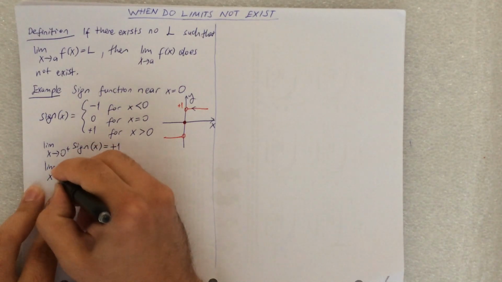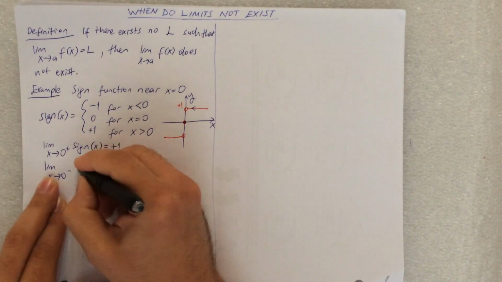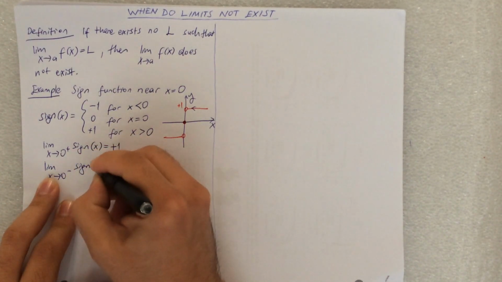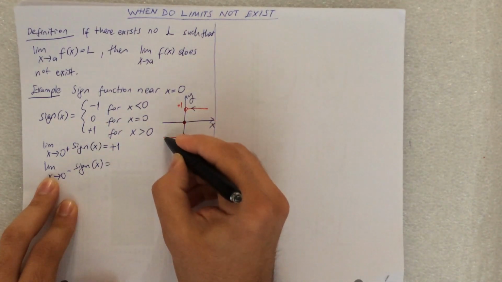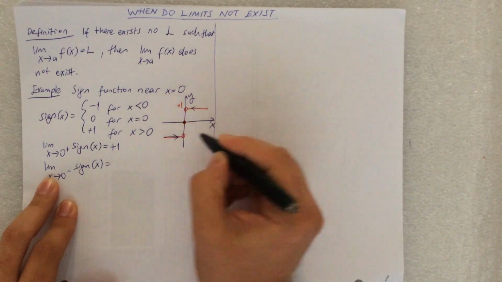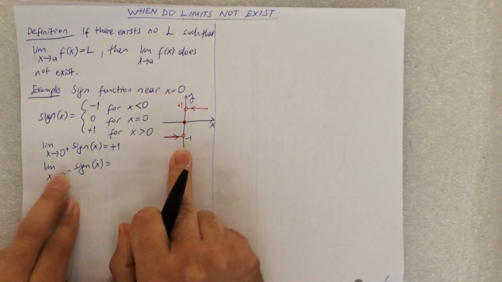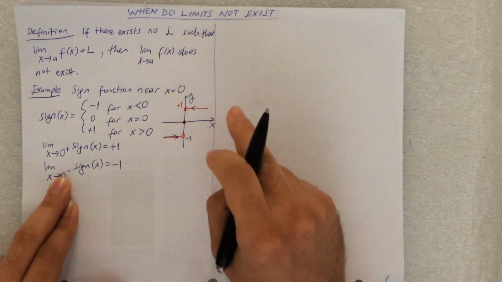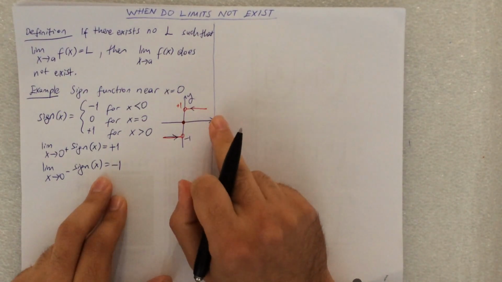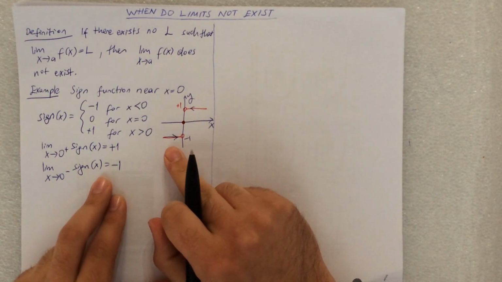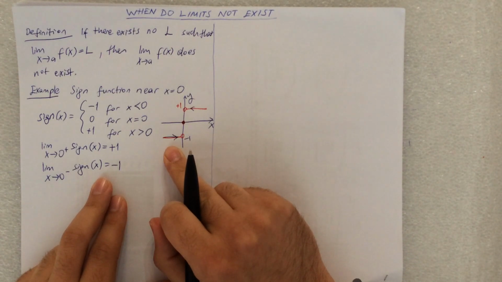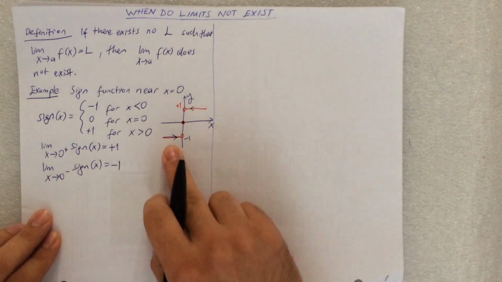If you write down the left limit, if we follow this constant line, we approach -1. So the limit from the right hand side is not equal to the limit from the left hand side, and that's sufficient for us to say that the limit does not exist.